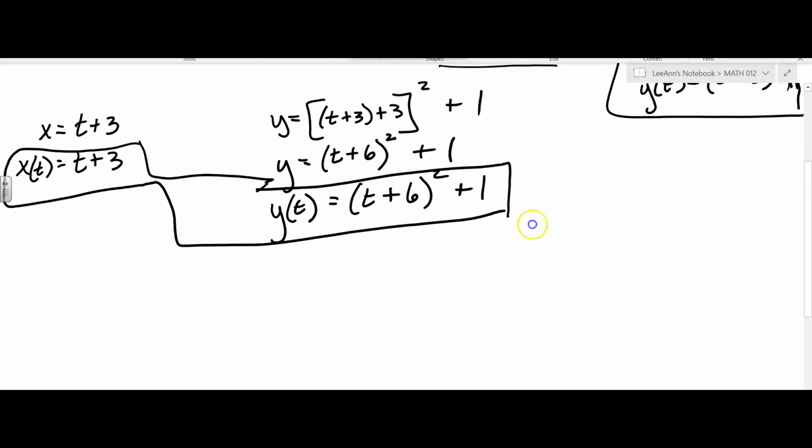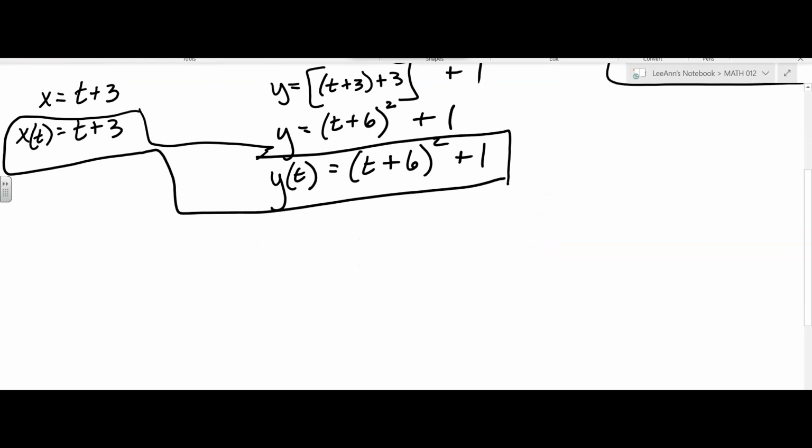You know what I think I would do? I think I would let x equal t minus 3. Now, they don't show this, but this would just be my choice. Then I have, let's see, y equals (t minus 3 plus 3) squared plus 1.